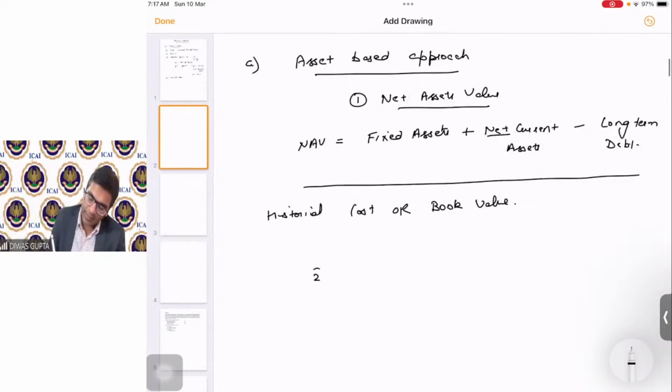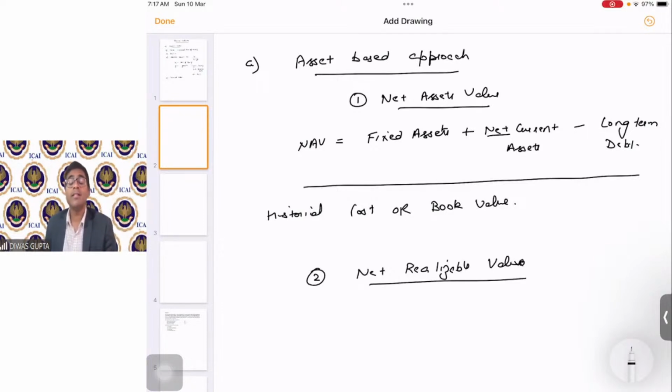Then the second method under the asset-based approach is net realizable value. Students, net realizable value means, if today I go and liquidate my assets and realize the amounts, what will that realizable value be?